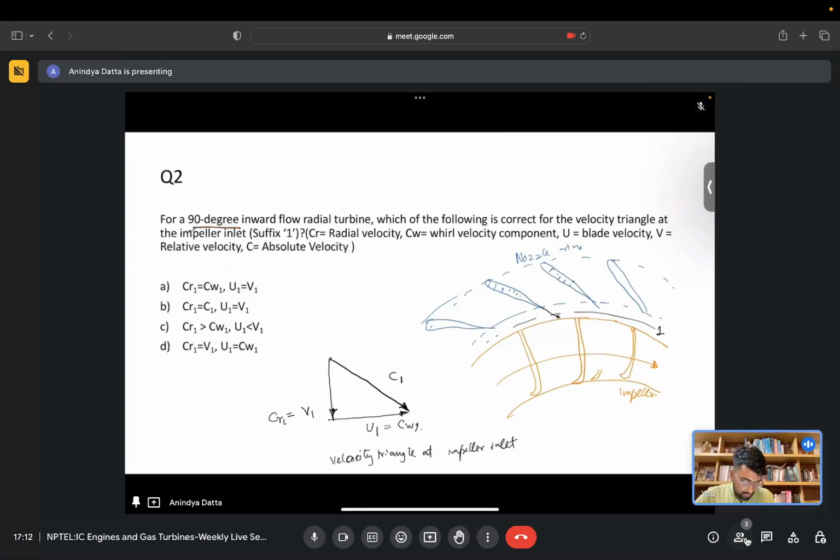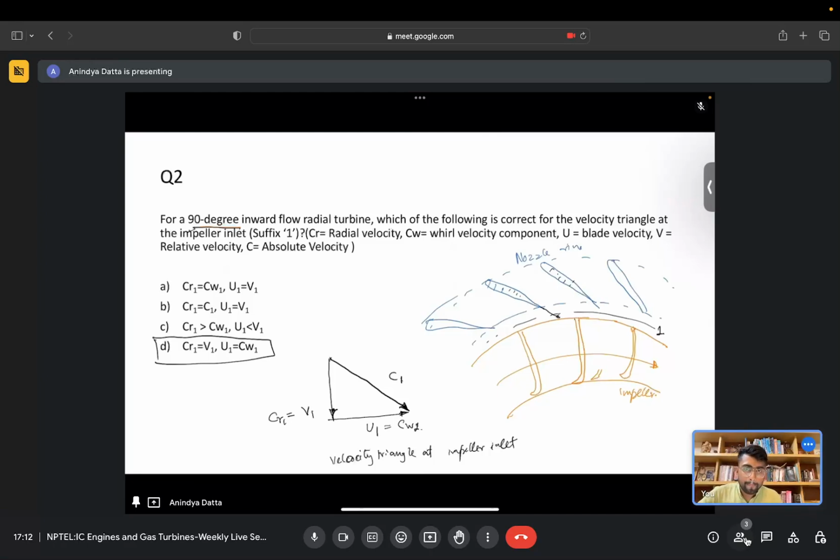From this velocity triangle we can say that for this case option D is the correct answer. CR1, the radial component of velocity, is equal to the relative velocity component, and the whirl component of velocity is equal to the blade speed at impeller inlet.